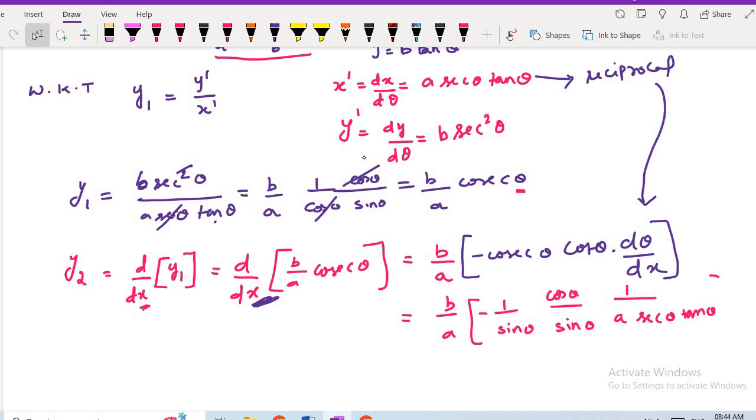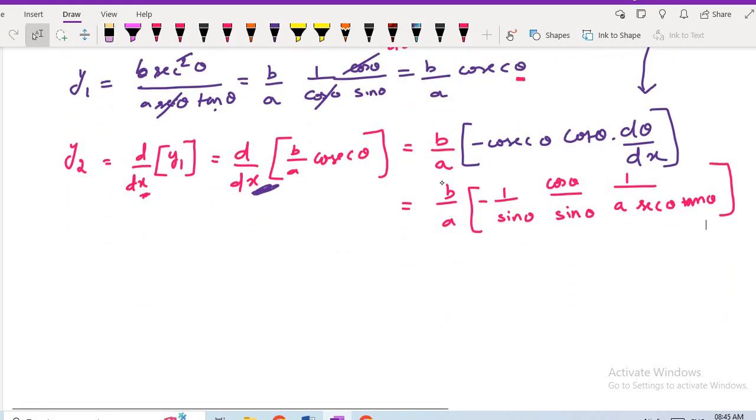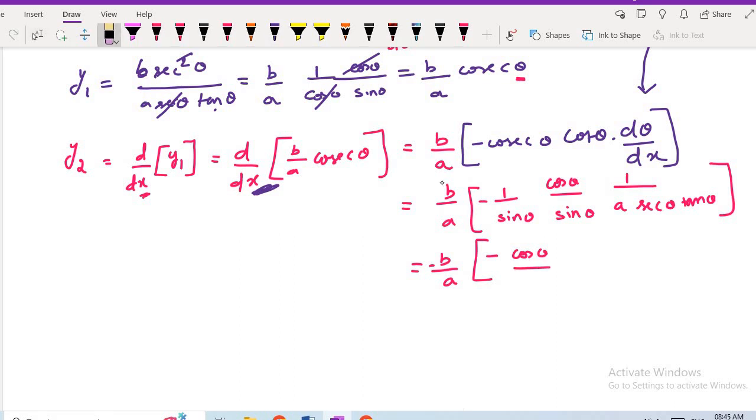Now we have to write all the terms in terms of sine and cos. So we are getting b divided by a, minus, we can take outside, numerator cos theta, sine square theta. Cos theta by sine theta, sine square theta. For the rest of the term, here we are getting a into a, so we are getting a square.